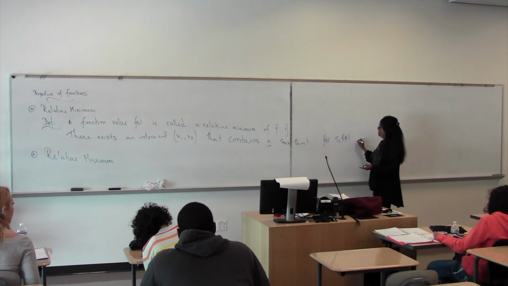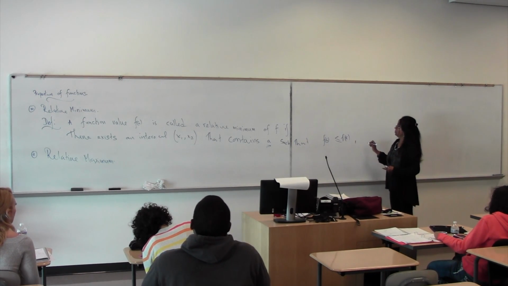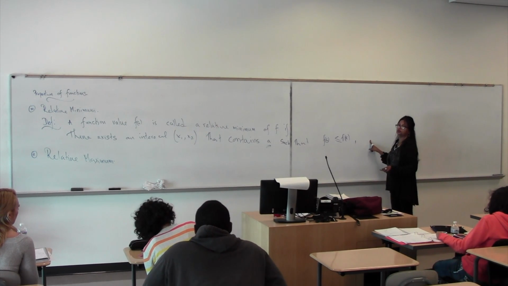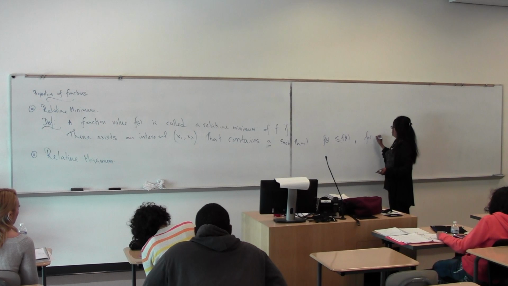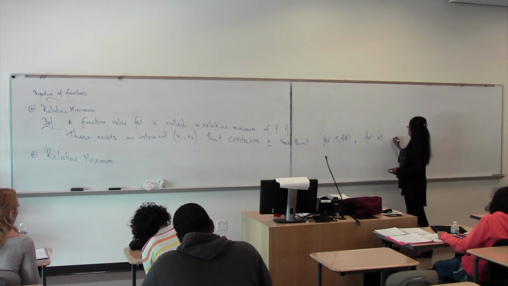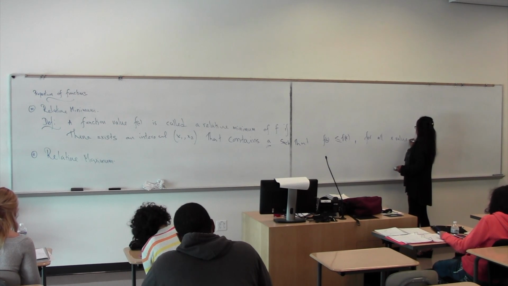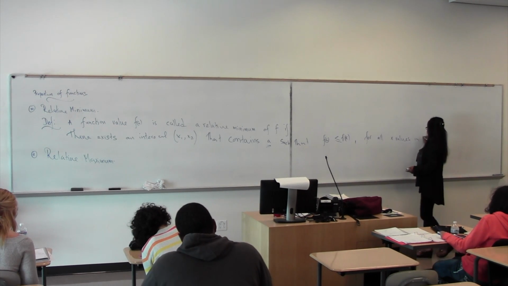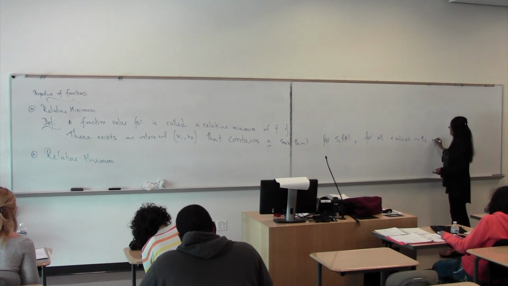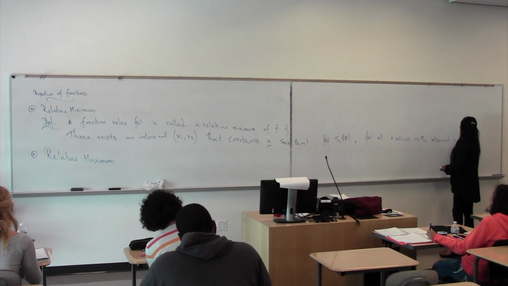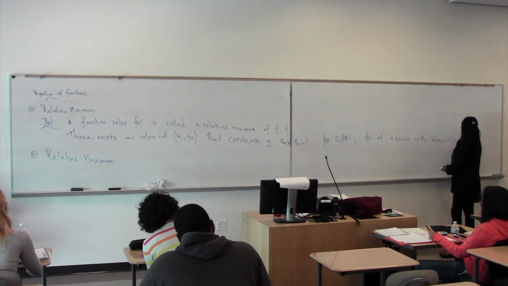I'm going to write some other thing, for all x. This part is not in the book, but I'm going to write this. For all x values in the interval x1, x2, like this.